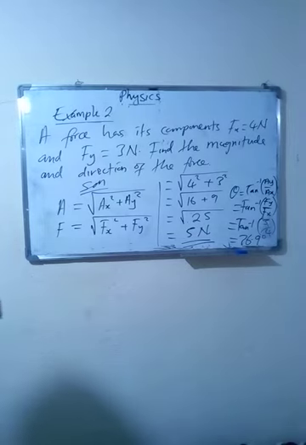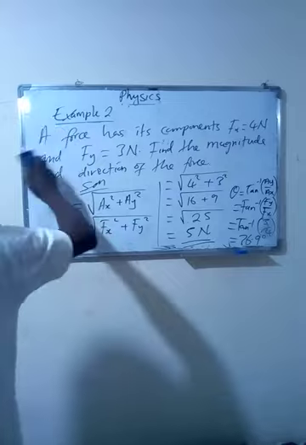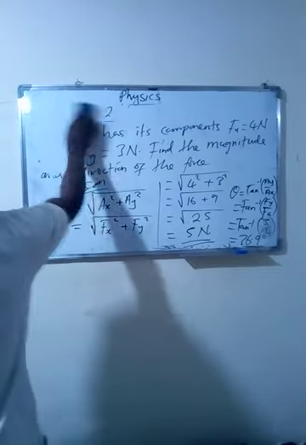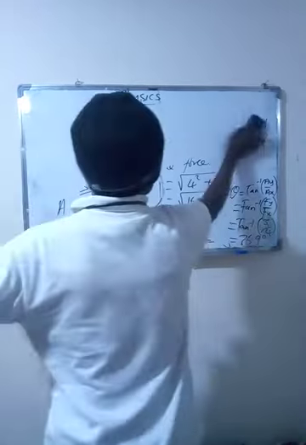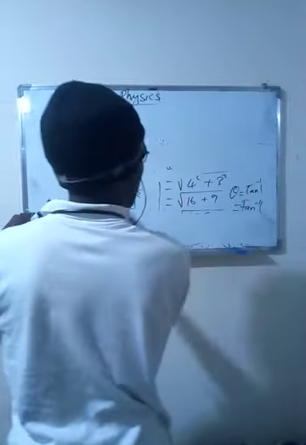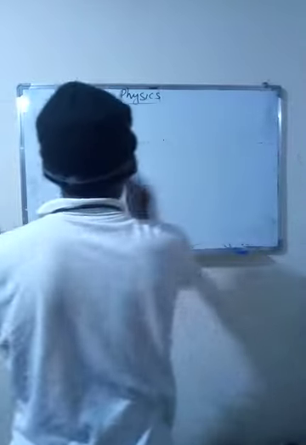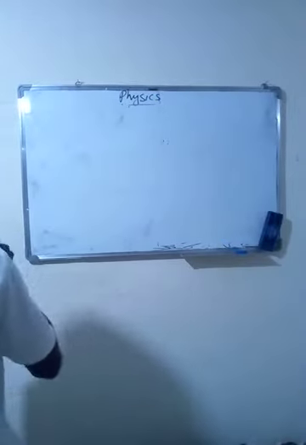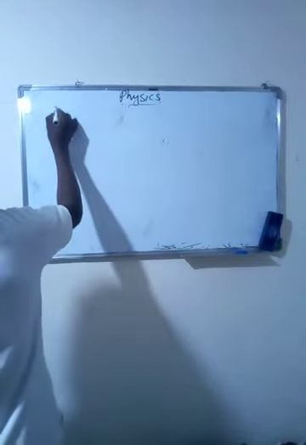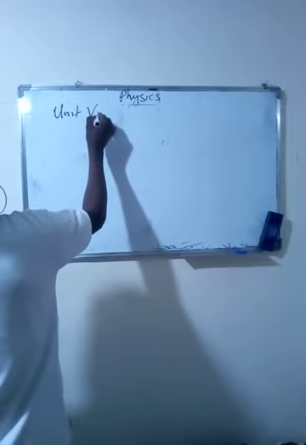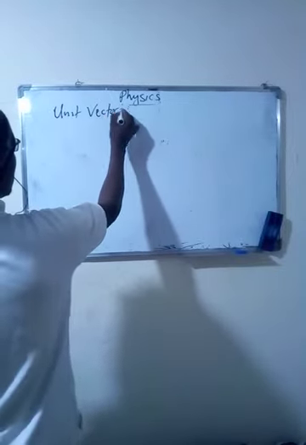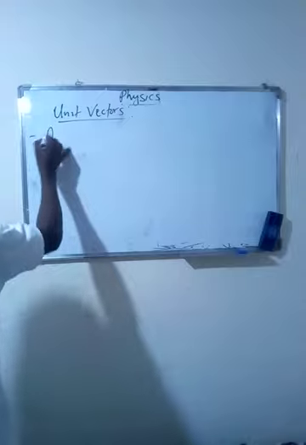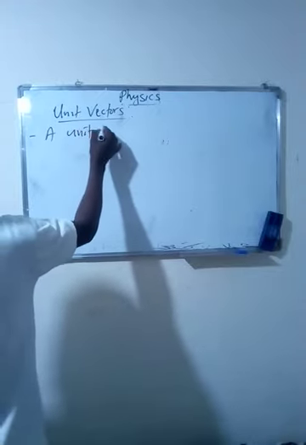So we say that a unit vector is a vector whose magnitude is 1 unit.